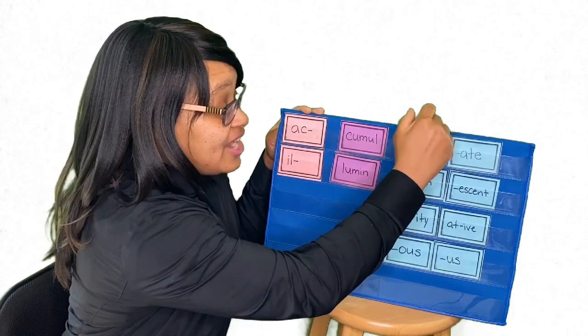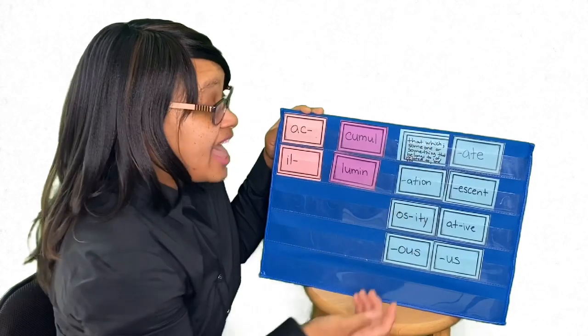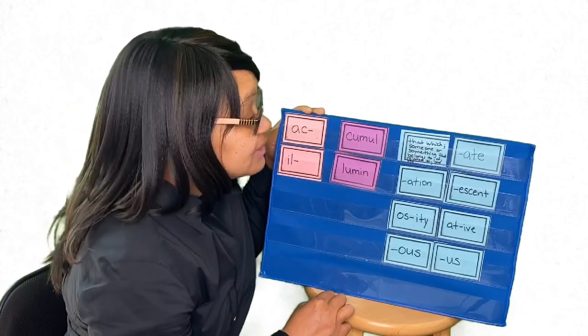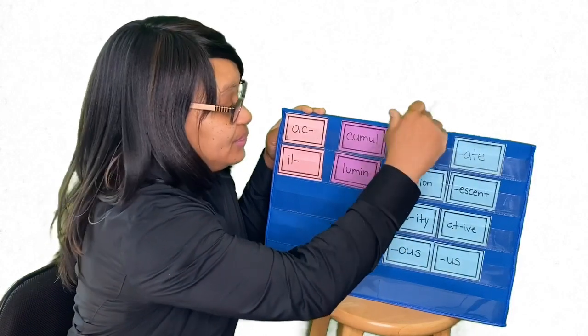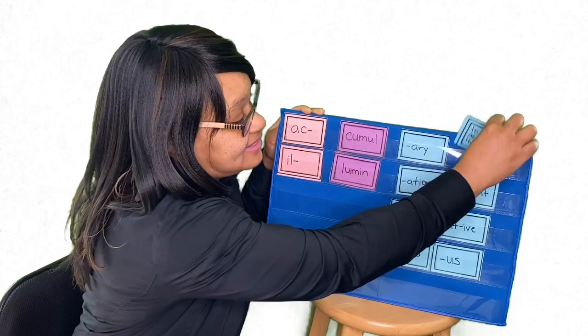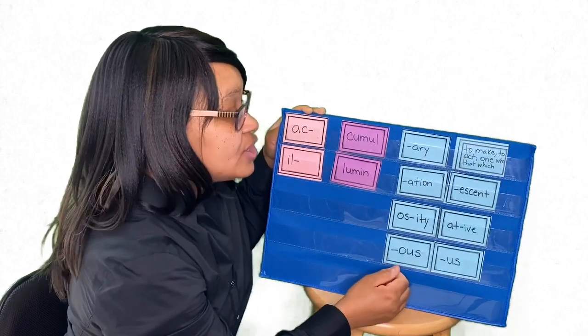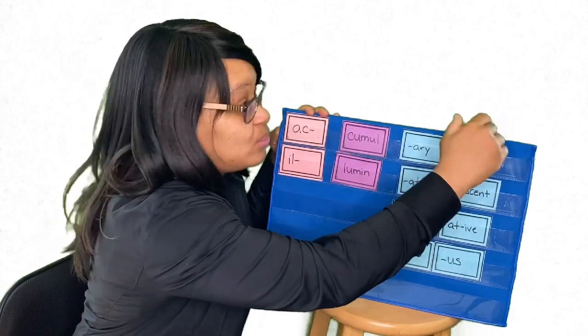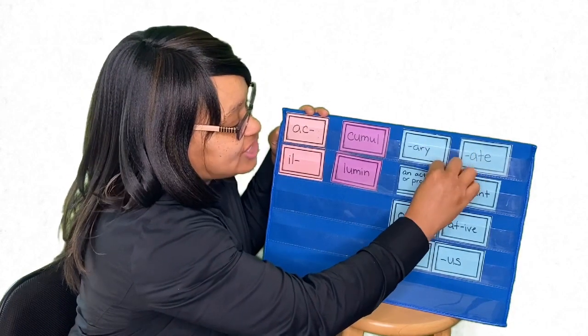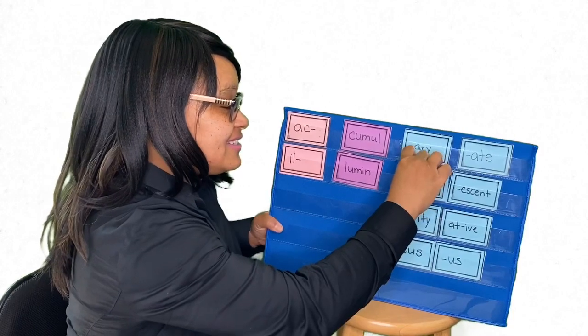The suffix "ary" means that which, someone, or something that belongs to, of, related to, or one who. So that has a lot of possible meanings. Ate, to make, to act, one who or that which. Ation, an action or process.